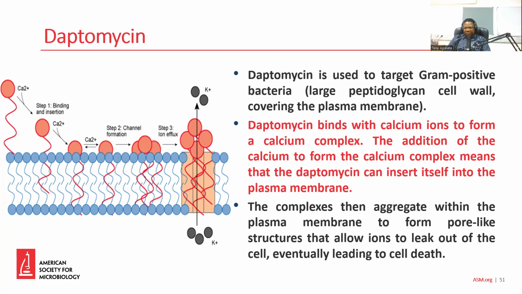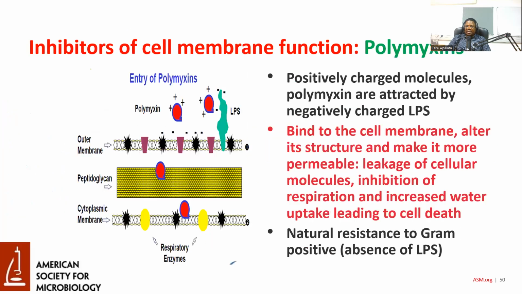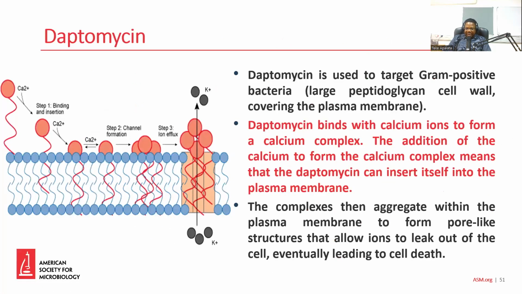So if you want an inhibitor of cell membrane function for a gram-negative, you can choose polymyxin, but for a gram-positive, you have to choose daptomycin.